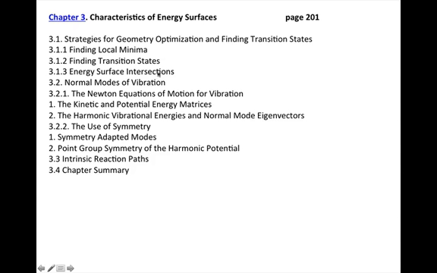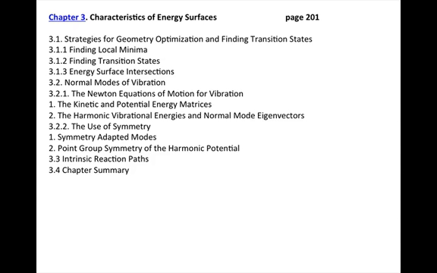Then there's another kind of region of the potential surface that's very important to characterize, called surface intersections. These are geometries that lie not within the 3n minus 6 degrees of freedom space, but at a lower dimensional surface where two or more potential energy surfaces intersect. It's usually two surfaces that intersect.